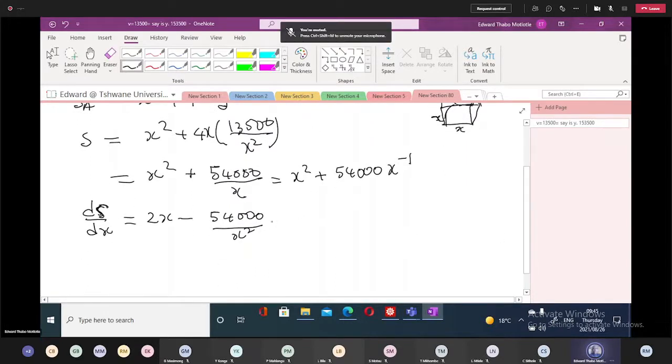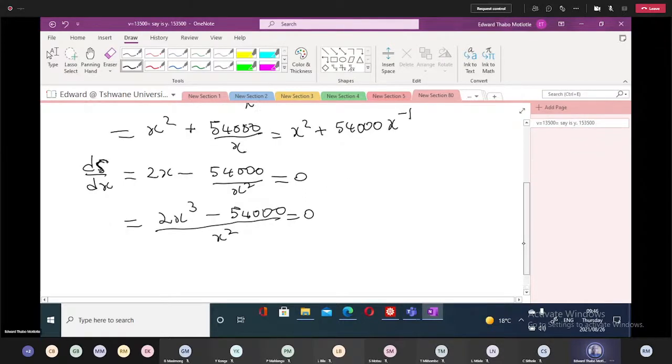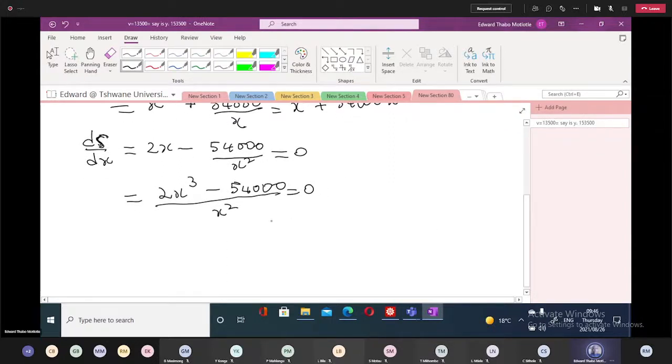And then we equate this to 0. If we equate it to 0, now we can solve. We have 2x to the power 3 minus 54,000 all over x squared, and this is equal to 0. We have x equals 0, but we are not interested in that. So we have 2x to the power 3 equals 54,000.